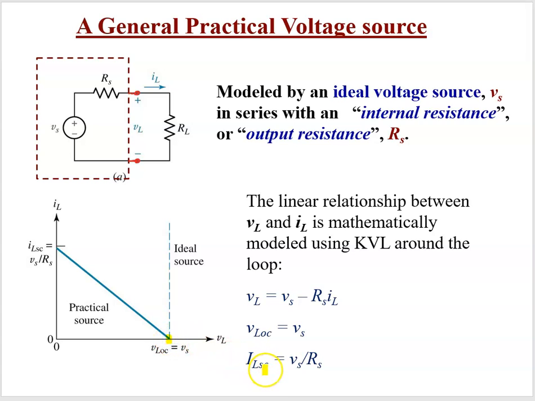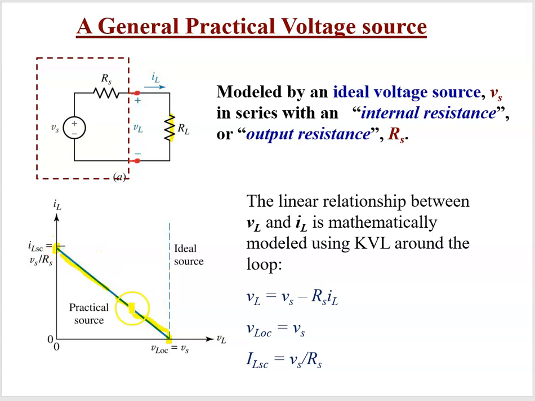Our ILSC, SC standing for short circuit, when our resistance here is 0 ohms, then the current being drawn is just going to be VS divided by RS, that series resistance of the voltage source, and that's right here. So as long as we know those two, then we have the entire graph.